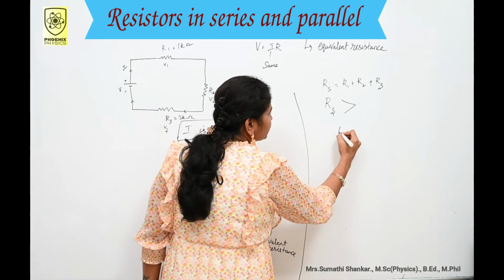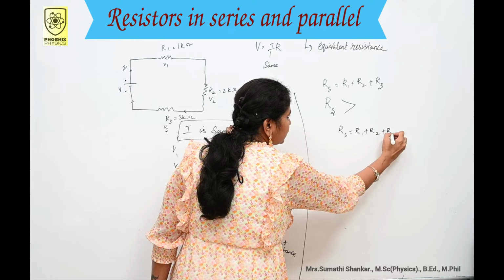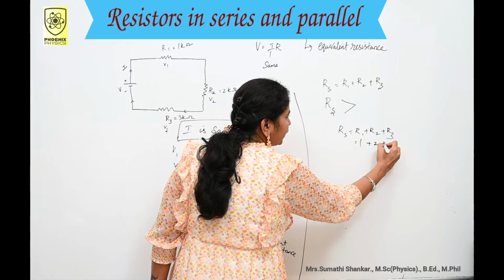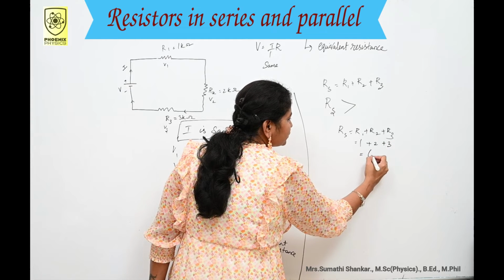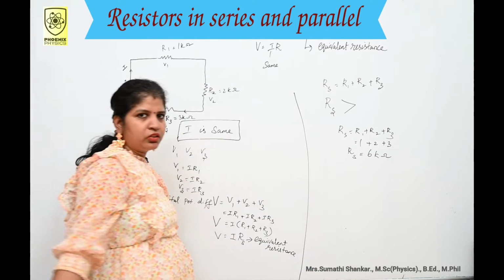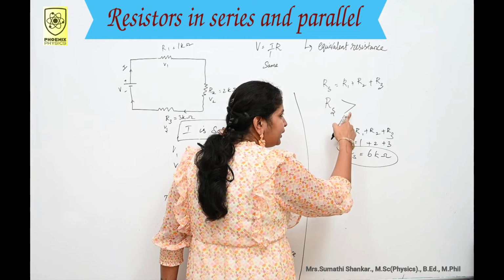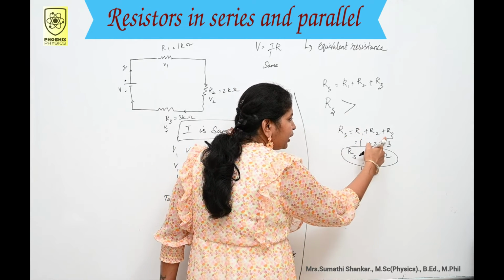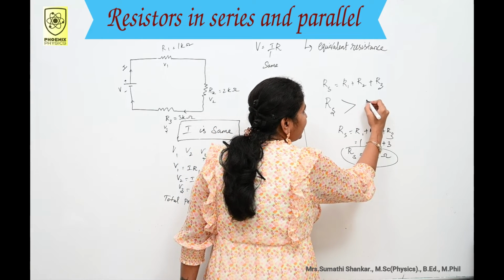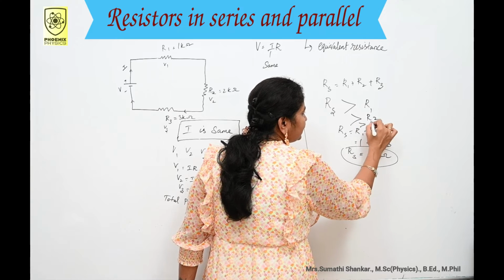You know the formula, that is R is equal to R1 plus R2 plus R3. Totally you can get 6 kilo ohm resistance. This is your equivalent resistance. The value of equivalent resistance is greater than the individual value of resistance. So RS is greater than R1, R2, and R3.